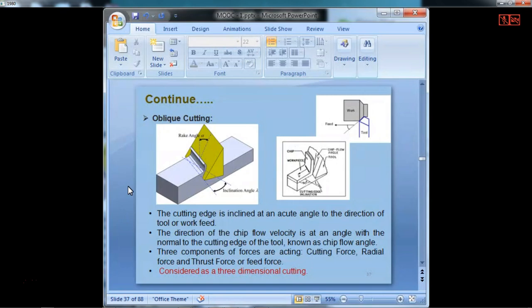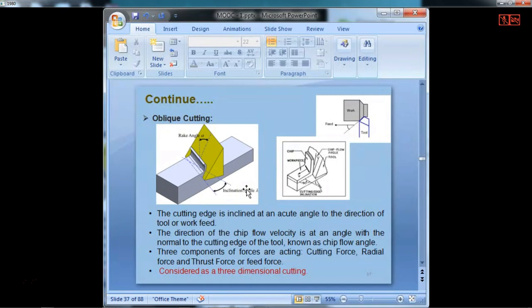But in practice, the cutting will be in an oblique way. You can see here, along the workpiece, this line is the direction of the tool movement, V, what you are seeing. And the axis we can see here is not at 90 degrees, but is inclined at a particular angle.